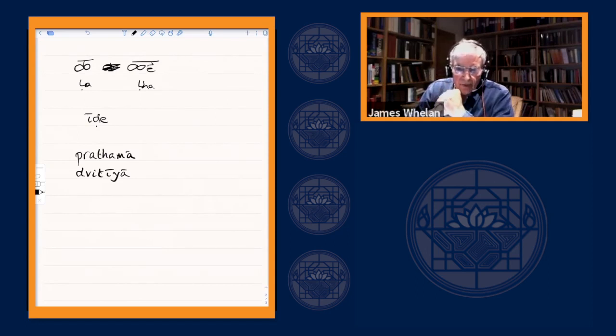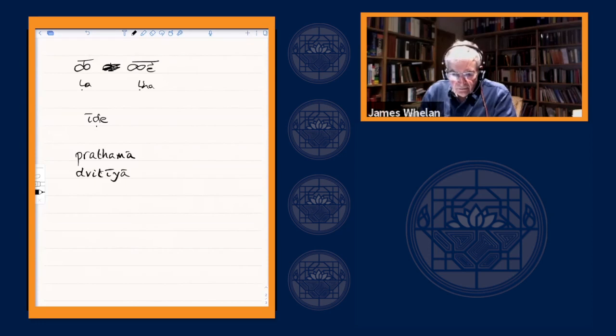So, looking at paragraph 3, in the sentence, the man goes to the horse, the word man would be in the nominative, and the word horse would be in the accusative. So the man goes to the horse would be, without sandhi, narah ashvam gachati. So narah in the nominative, ashvam ending in an accusative, gachati, he goes.